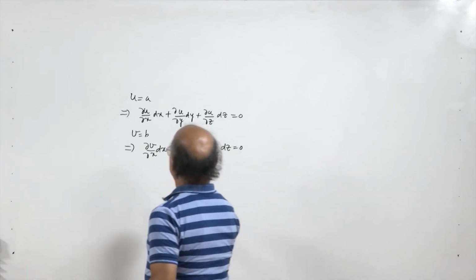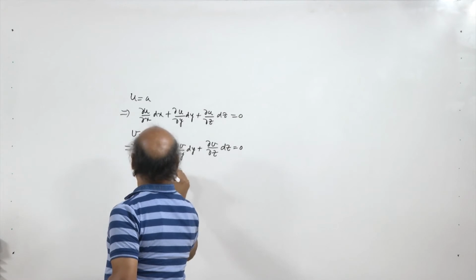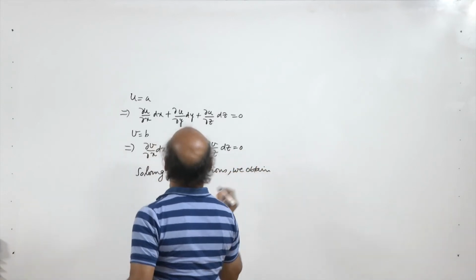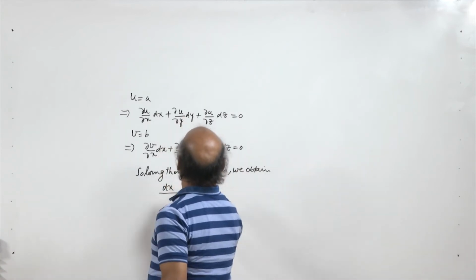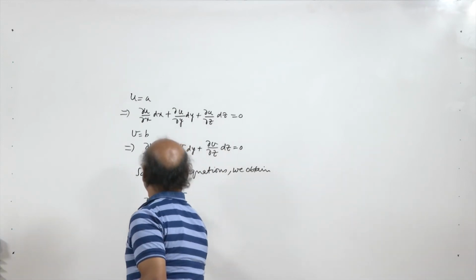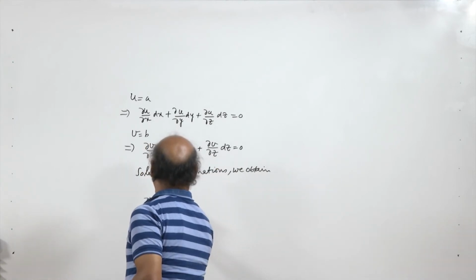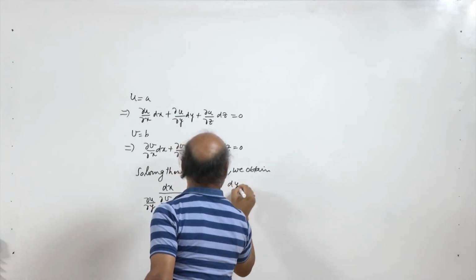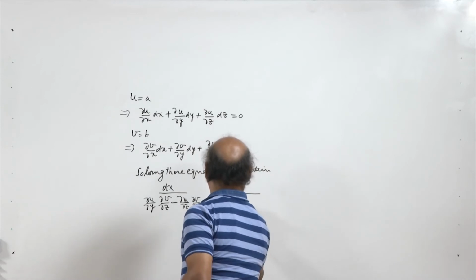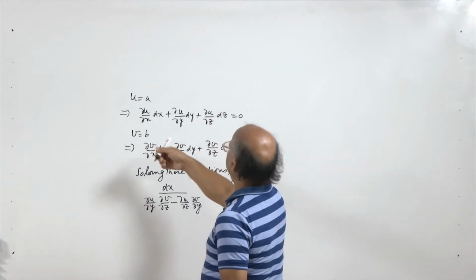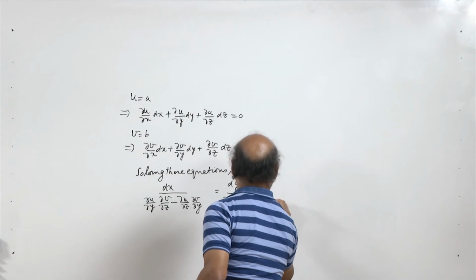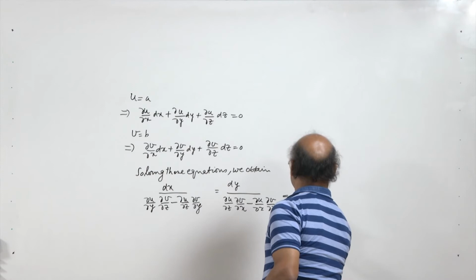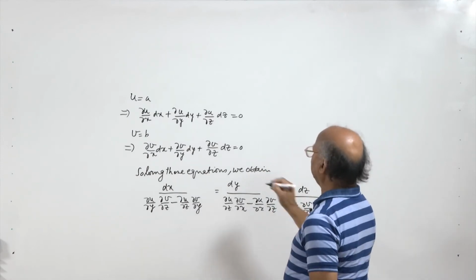Now, let us solve these two equations. So, solving these two equations, we obtain dx over uy vz minus uz vy, and then dy over uz vx minus ux vz, and then we have ux vy minus uy vx.